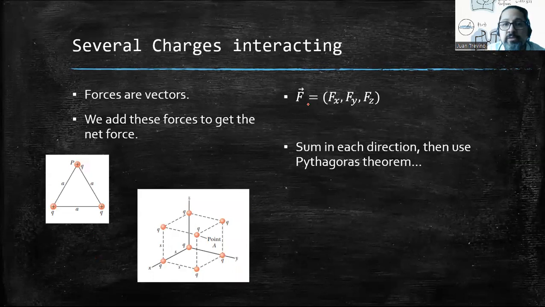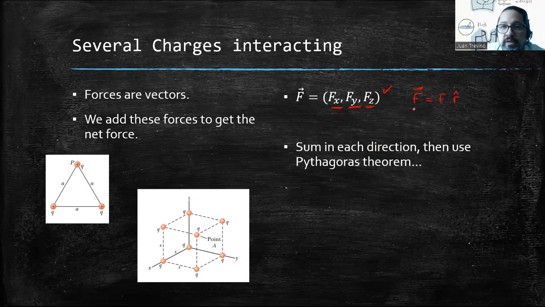So usually a force, remember that this is a three-component vector, we usually represent it as three numbers next to each other, or we can also represent these forces as the magnitude times a unit vector which points in the direction of the net force. Remember that whenever we have several forces, we have to add them in each direction.